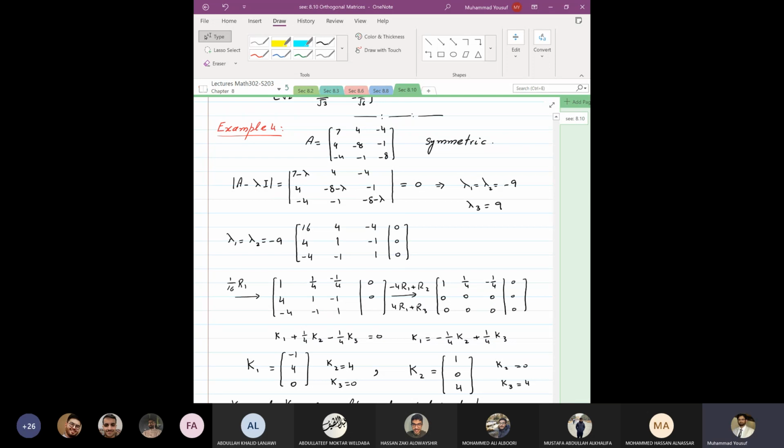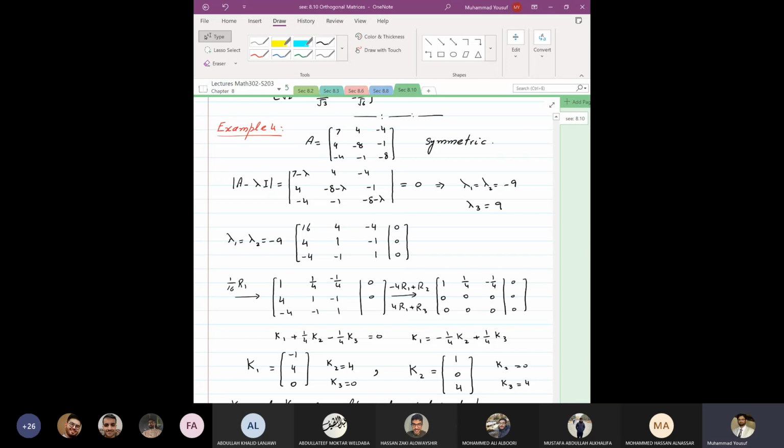Find the eigenvalues of A and linearly independent eigenvectors. So here by chance, luckily, without going through a special procedure, we are able to find linearly independent eigenvectors.